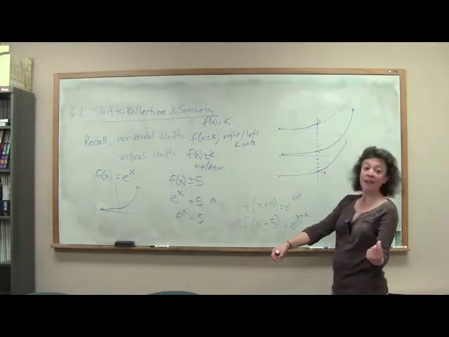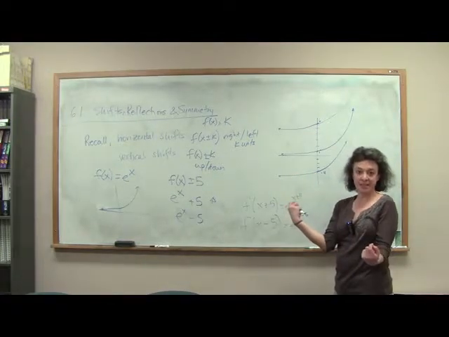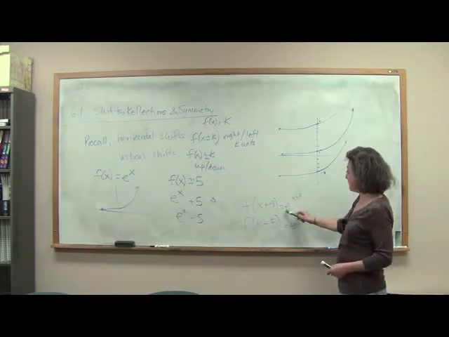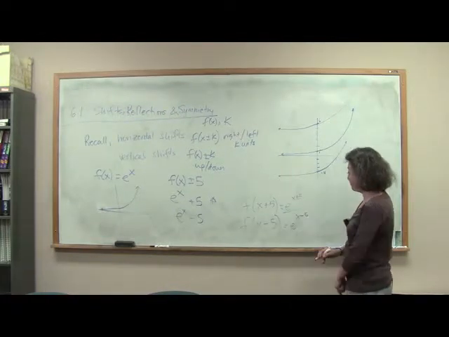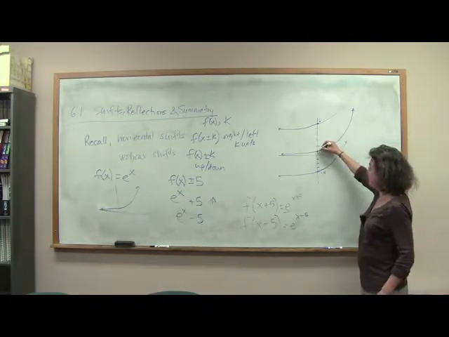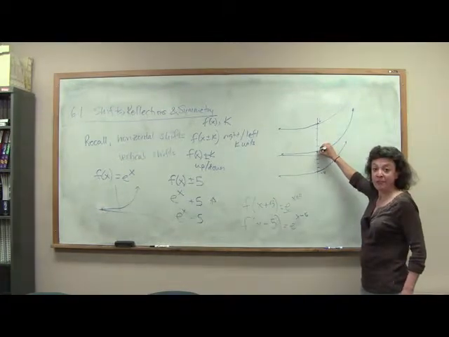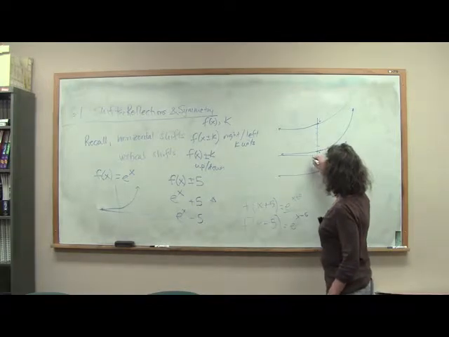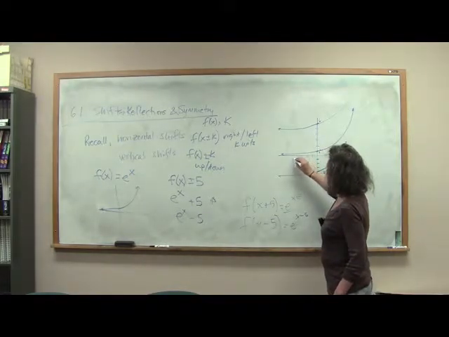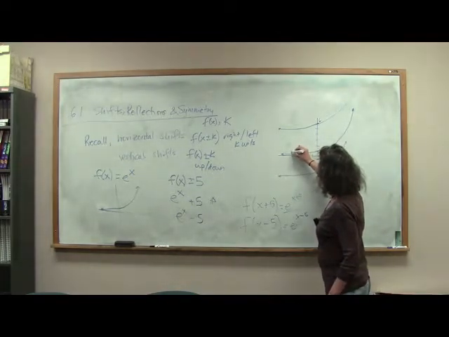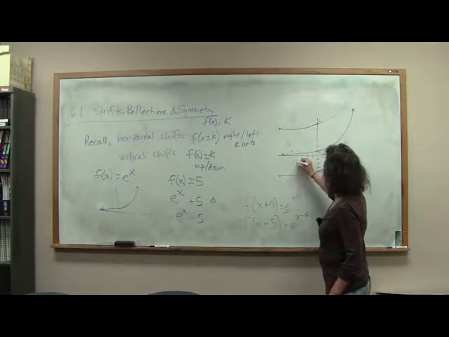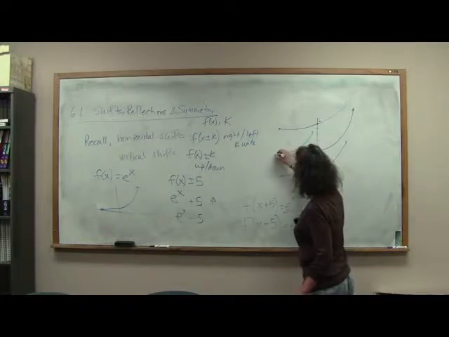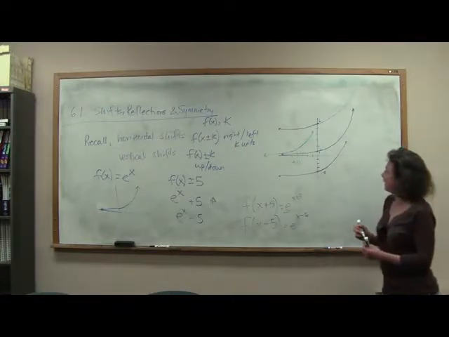When you subtract within, you move it to the right. So if I wanted to graph e to the x plus 5, I would take my basic graph and shift it to the left 5 units. So 1, 2, 3, 4, 5. So now I'm going through the point negative 5, 1. And there's our graph.